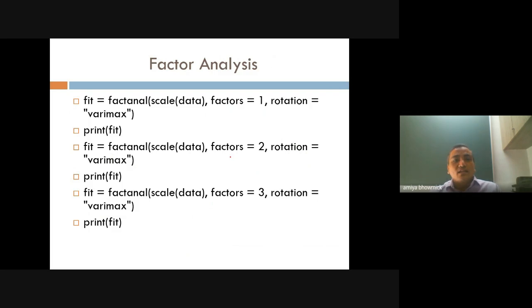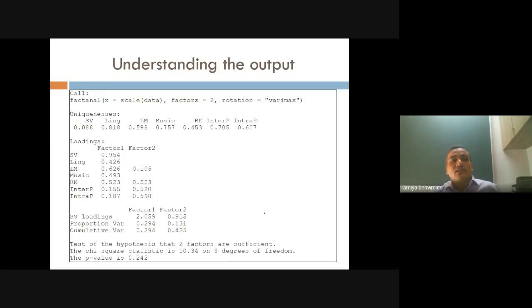There are other outputs when you perform a factor analysis. There are different possibilities: factor 1, factor 2, factor 3, and factor analysis also tells you whether 1 factor, 2 factors, or 3 factors are sufficient. This is the output for factors equal to 2.